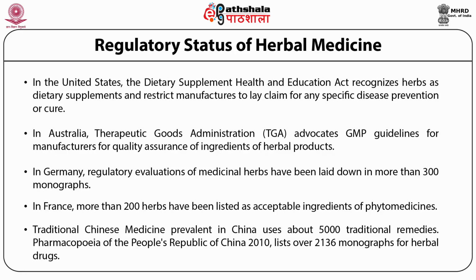The Pharmacopoeia of the People's Republic of China, 2010, lists over 2,000 plants or monographs as part of the quality control procedure. So it provides guidelines for herbs and herbal products that are more than 2,000 in number that are to be used in China.